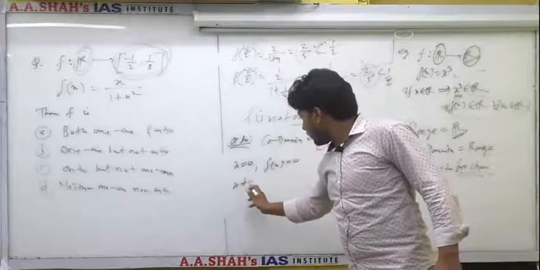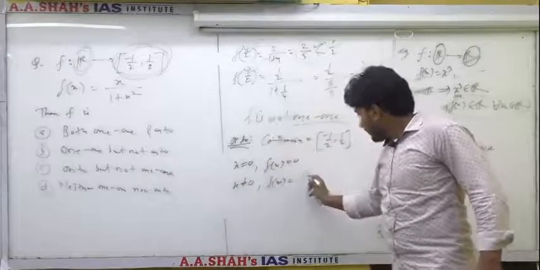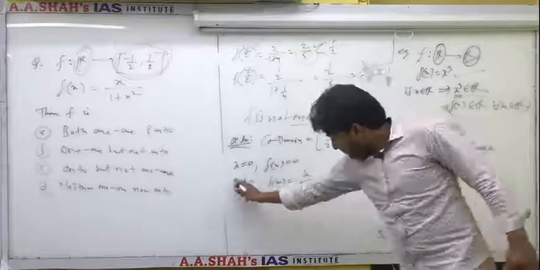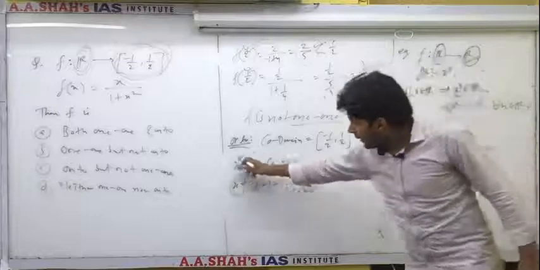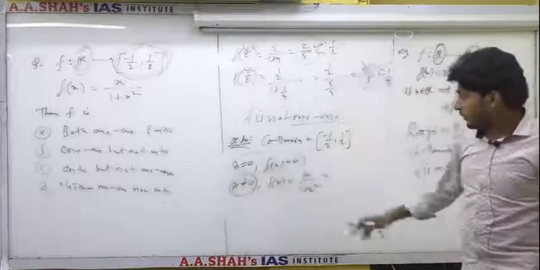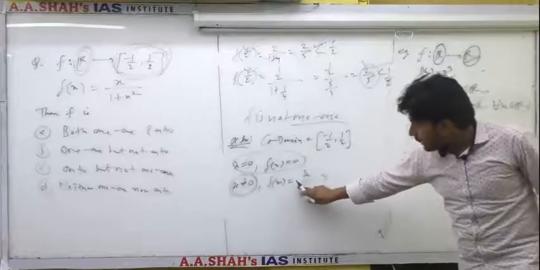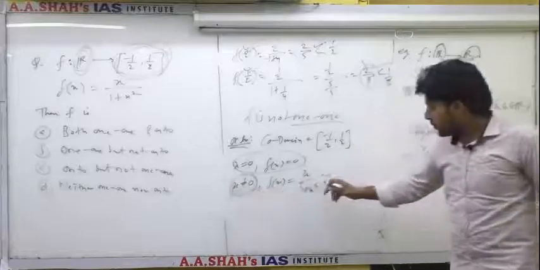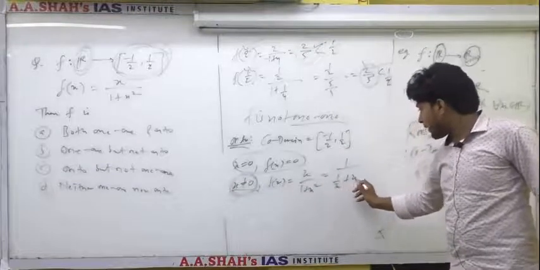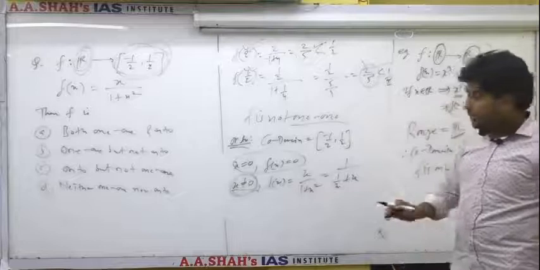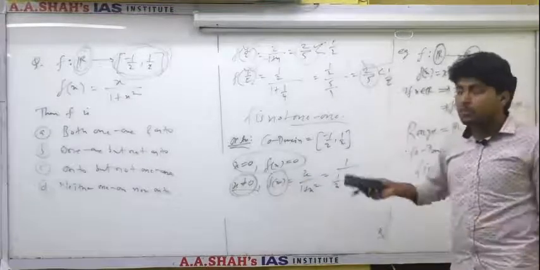And for x non-zero, f(x) can be written as x upon 1 plus x square, because if x is non-zero then we can divide by x, otherwise we cannot. So I have taken the value of the function at 0 separately. If we divide numerator and denominator by x, because x is non-zero, we get 1 upon (1 by x plus x). We need to find the range, means possible values of f(x). Here I will use AM-GM.